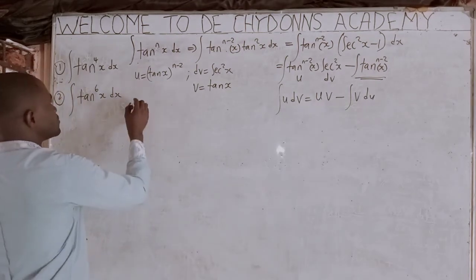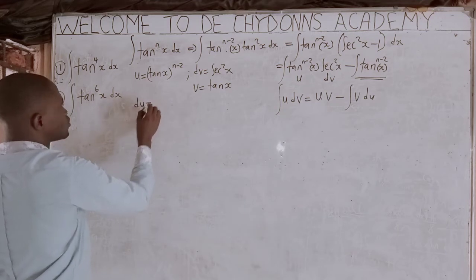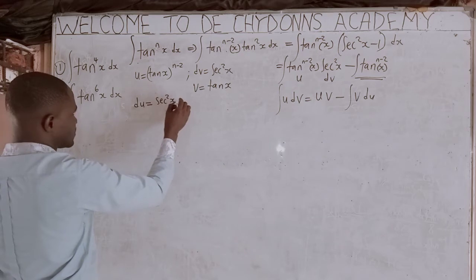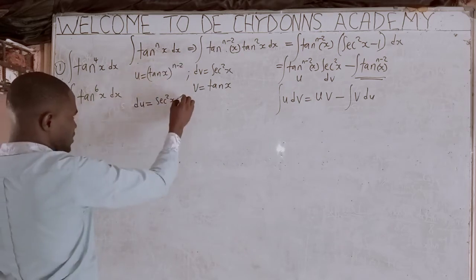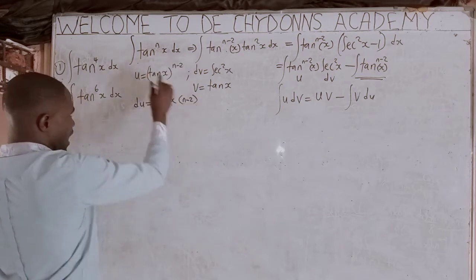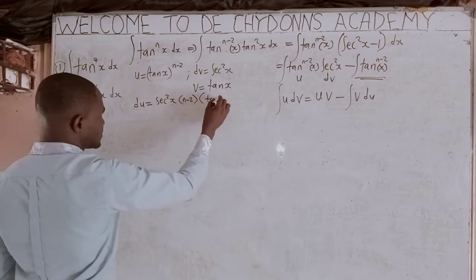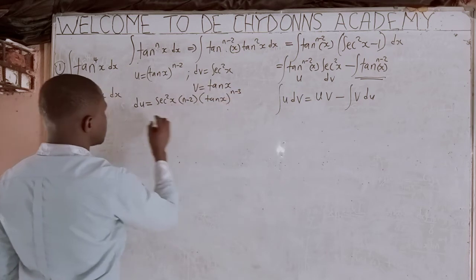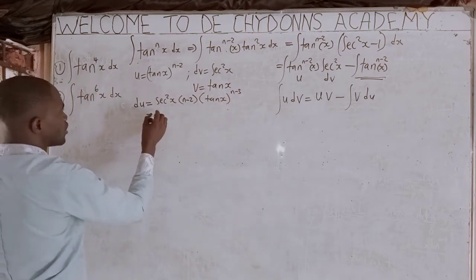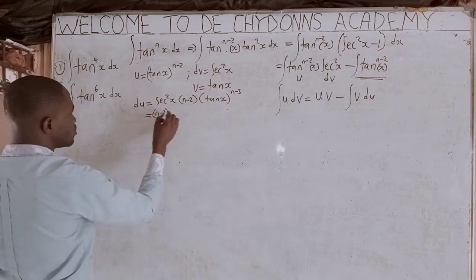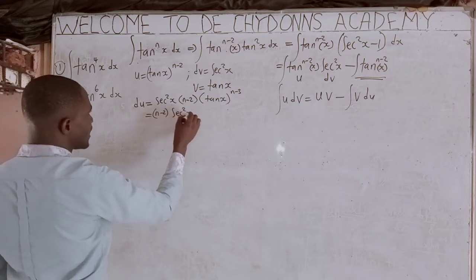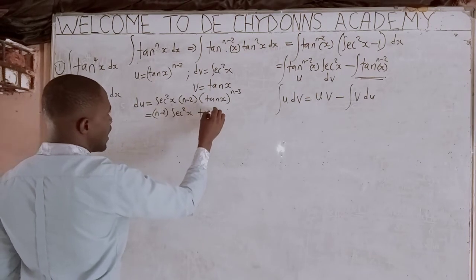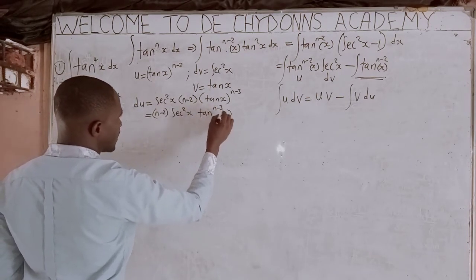Then we now differentiate u. Differentiate the inside, sec squared x, package the power inside, then put tan x to the power n minus 2 minus 1, n minus 3. So that will be giving us n minus 2 sec squared x tan n minus 3 x.